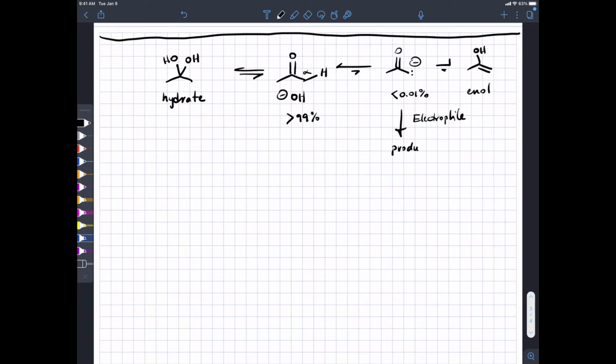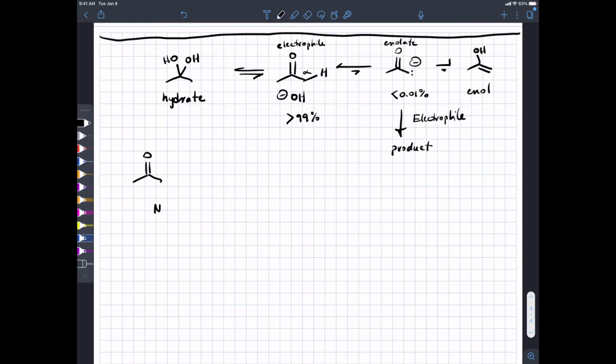However, we've ignored something. And that is that the ketone is itself an electrophile. Right? And in this equilibrium, the ketone is present with the enolate. Now, how do ketones react as electrophiles?